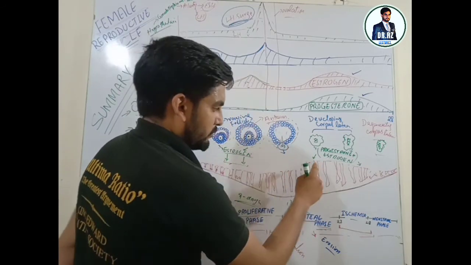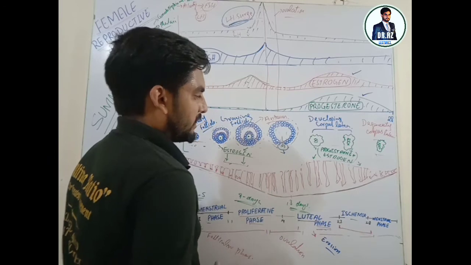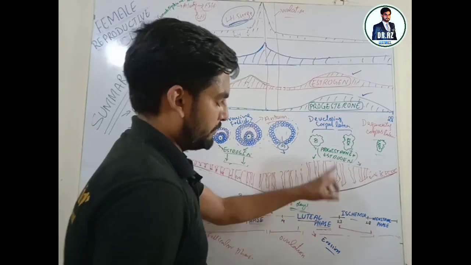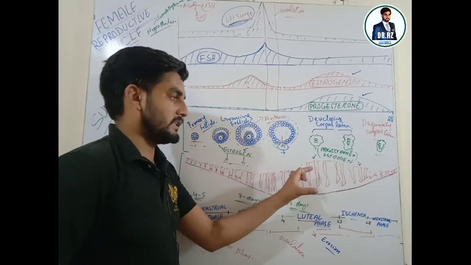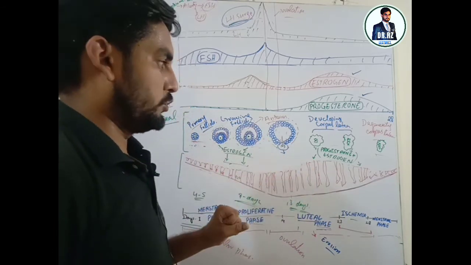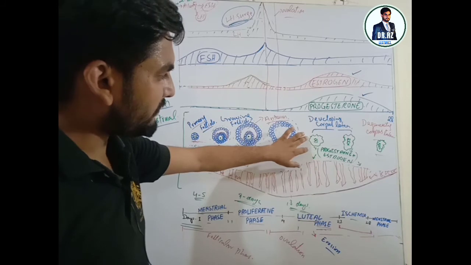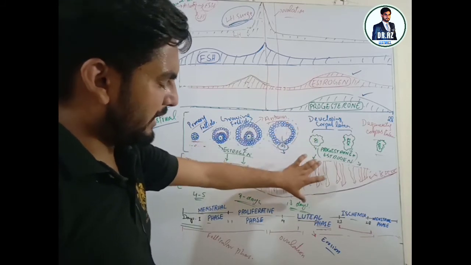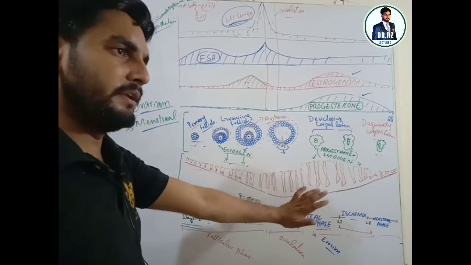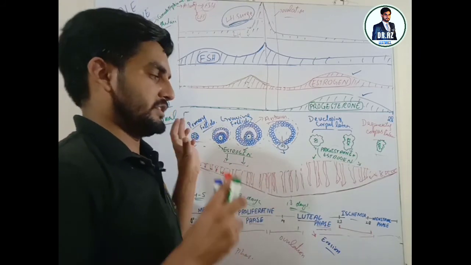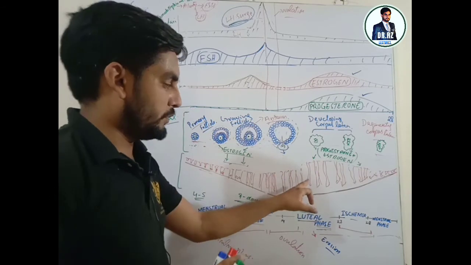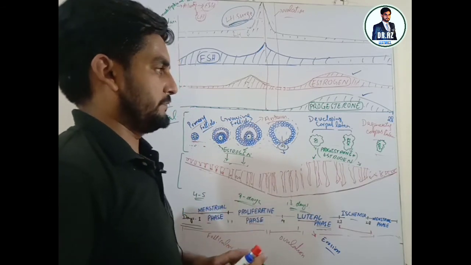It is the hormone that causes the development of the endometrium and makes it more receptive for the conception of the zygote. So if pregnancy occurs, the endometrium will remain in its developed, active, glandular state during the 9 months of pregnancy.